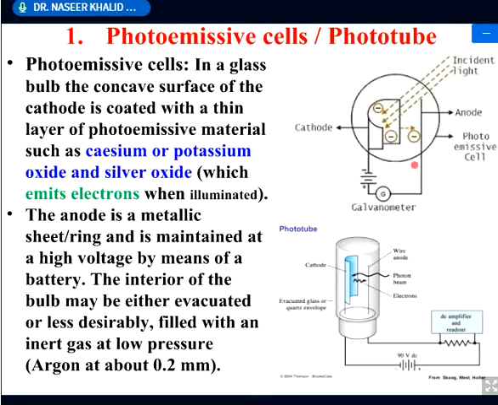If, for example, we have a galvanometer in between, we are able to calculate the potential, and this current generated is directly proportional to the amount of incident light being illuminated on this surface.